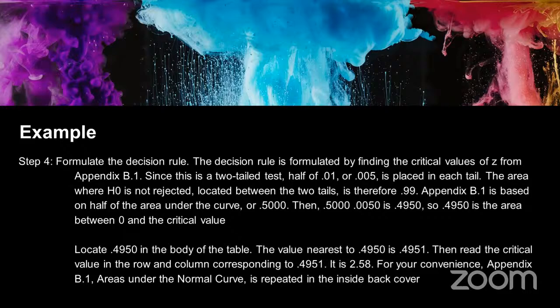Then 0.5000 minus 0.0050 is 0.4950. So 0.4950 is the area between 0 and the critical value. We locate 0.4950 in the body of the table. The value nearest to 0.4950 is 0.4951. Then read the critical value in the row and column corresponding to 0.4951. It is 2.58. For your convenience, areas under the normal curve are repeated inside the back cover.